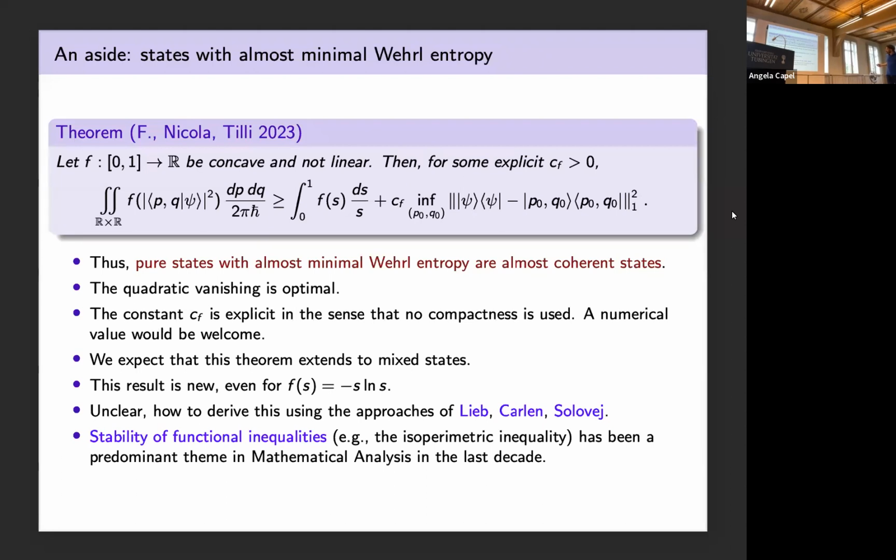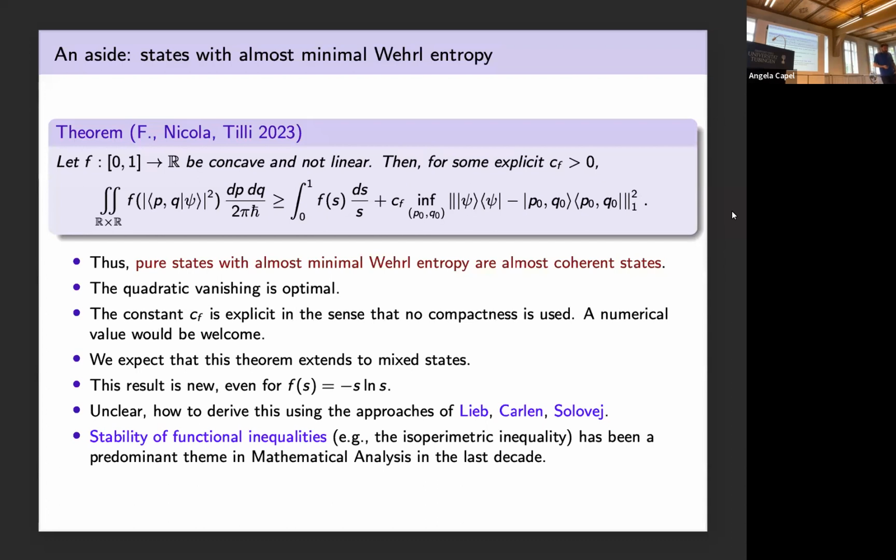You can bound the distance of the state to a coherent state in trace norm by its difference to the minimal value. This is the Wehrl entropy; f could be x log x, but it can also be anything else. If this thing is close to the minimal value, then the state has to be close to a coherent state. So states of almost minimal Wehrl entropy are almost coherent states.